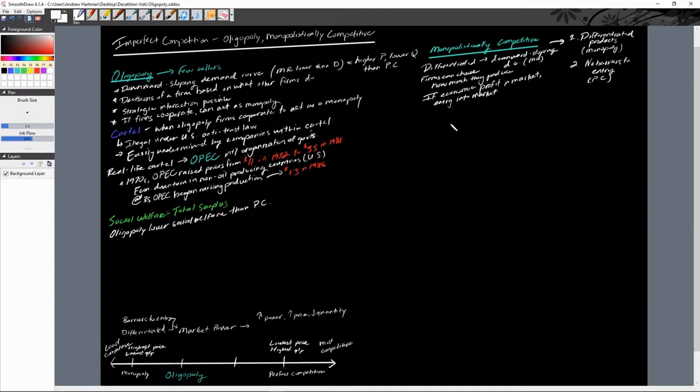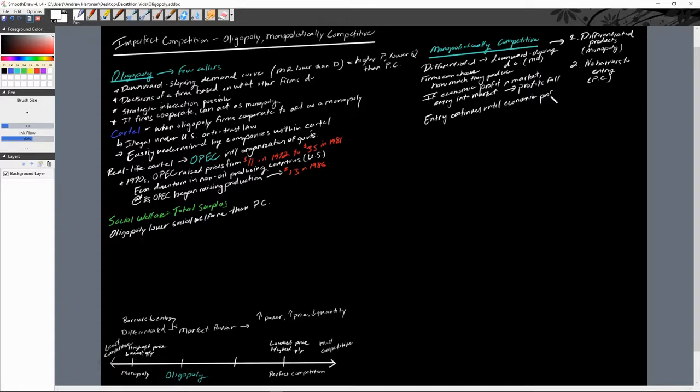And that entry into the market does the kind of opposite of what we talked about with the differentiated situation. Because of this, we will see profits decrease due to these no barriers to entry, and entry will continue until economic profits equal zero.